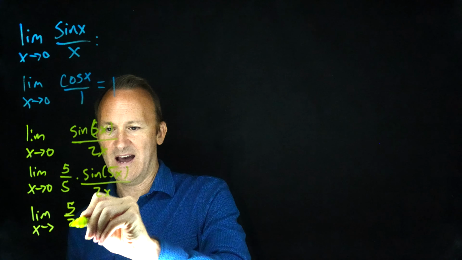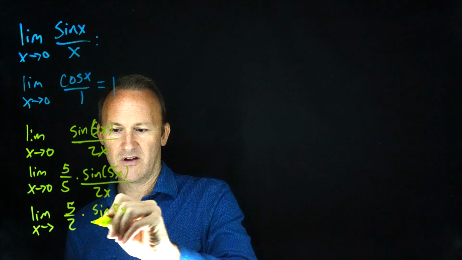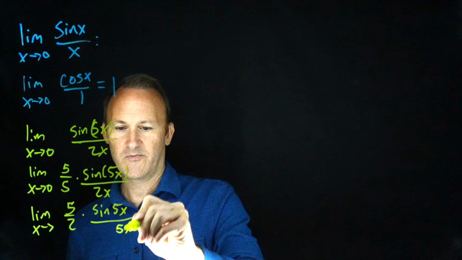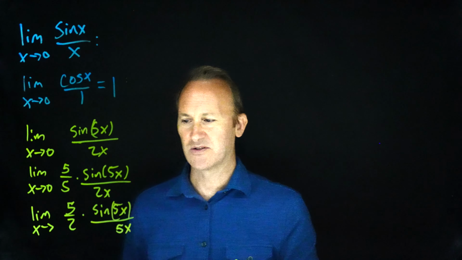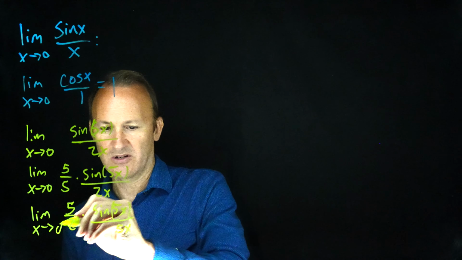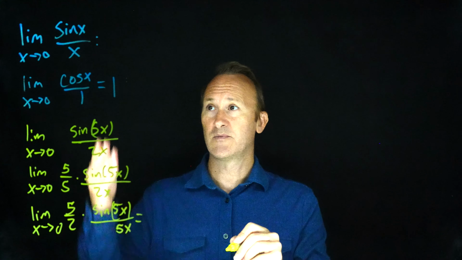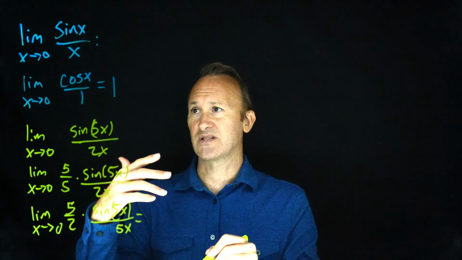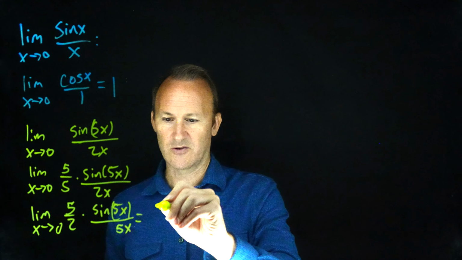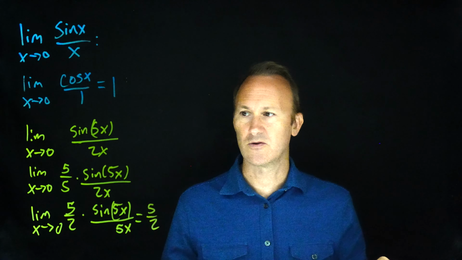So we get 5 halves times sine 5x over 5x, and now it's clear you can pull out the 5 halves, and the limit as x approaches 0 here is going to be equal to 5 halves times 1, because we know that the limit as x goes to 0 of sine x over x is 1, and so we get 5 halves here. Okay, that's kind of cool.